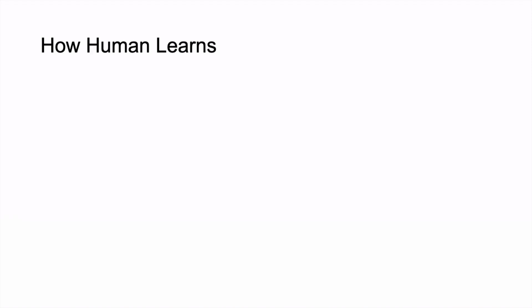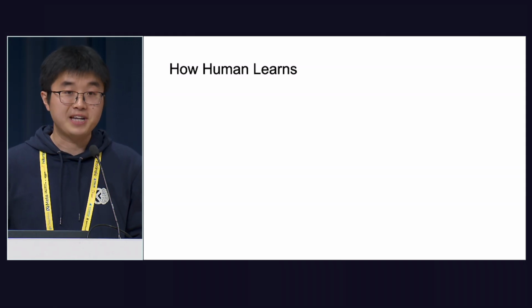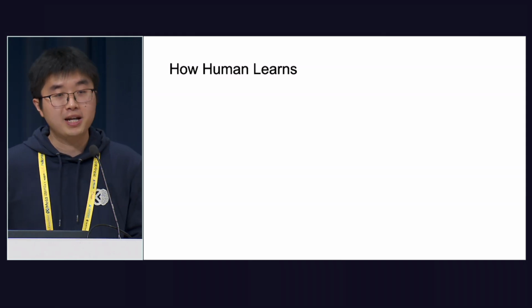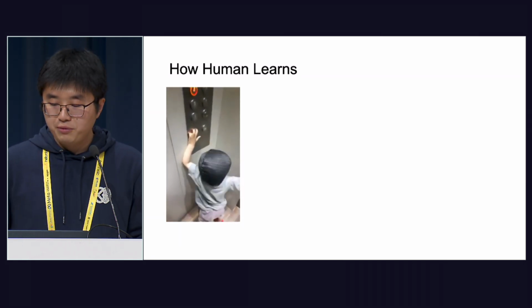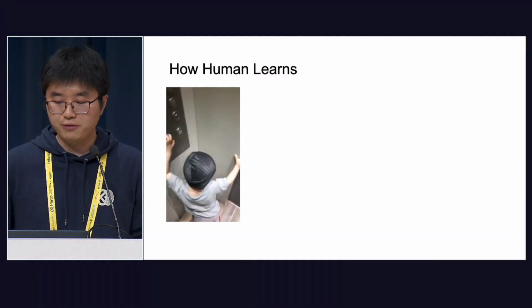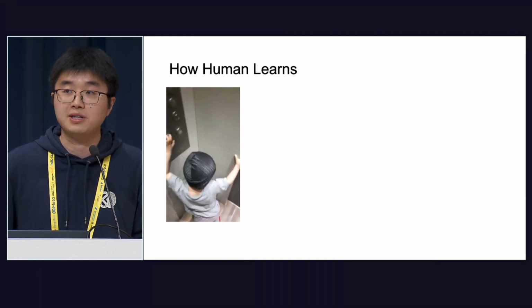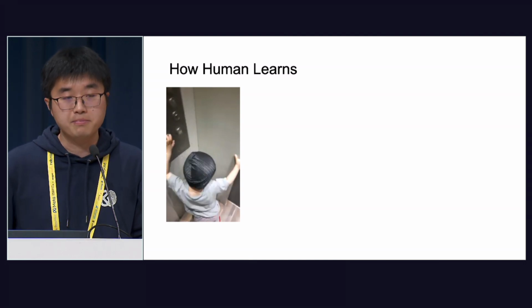So let's see how a baby makes it, which is a common example in psychology for the pressing button task. Here, the baby named Alice tries to move towards the button and adjusts the position to touch until she finds some part that can be pressed down. This is amazing because the baby never pressed the button before.